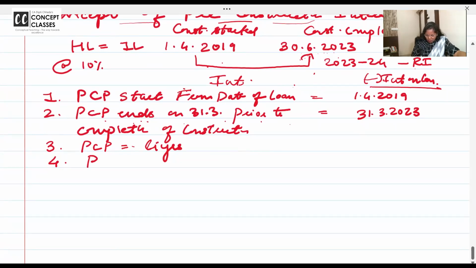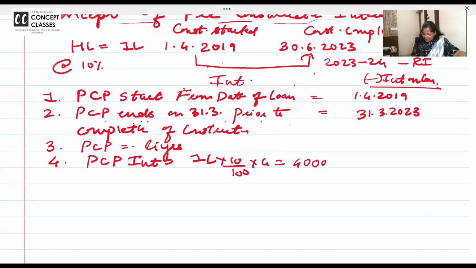Now, what is my pre-construction interest? 1 lakh into 10% into 4 years. Without a calculator, that's 40,000. 1 lakh at 10% interest yearly, and construction went on for 4 years, so it's 40,000.